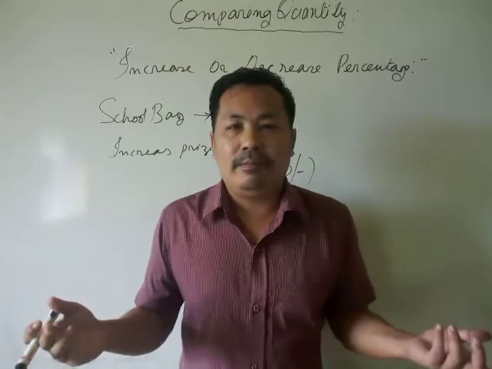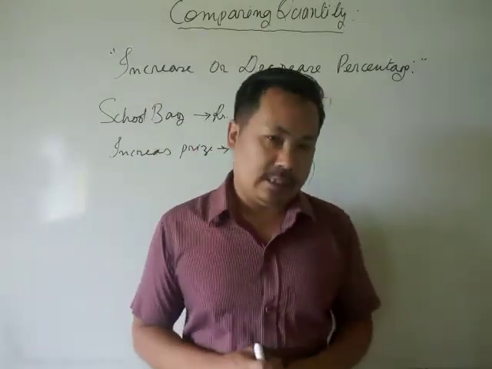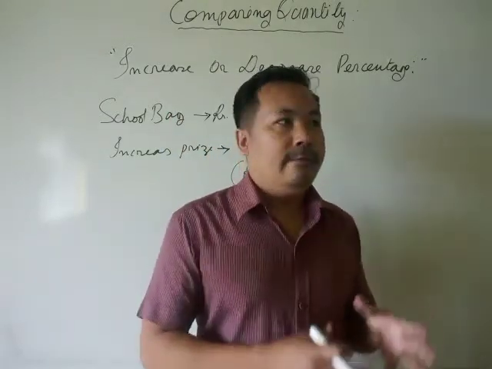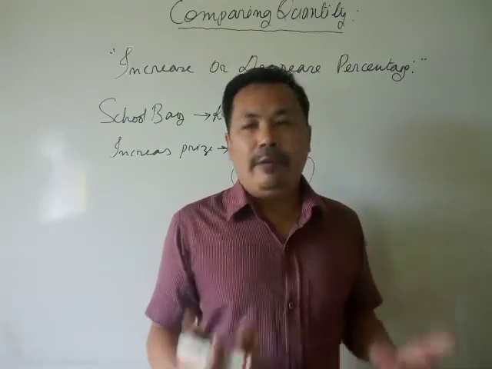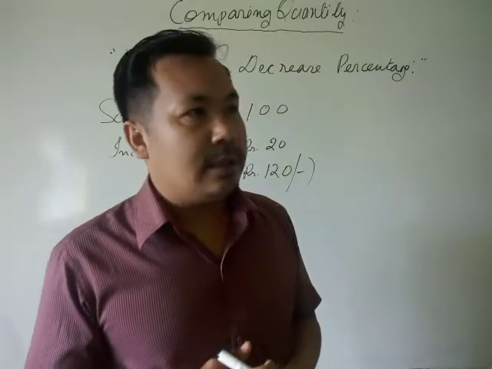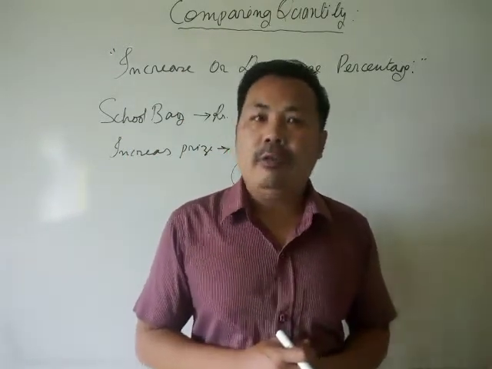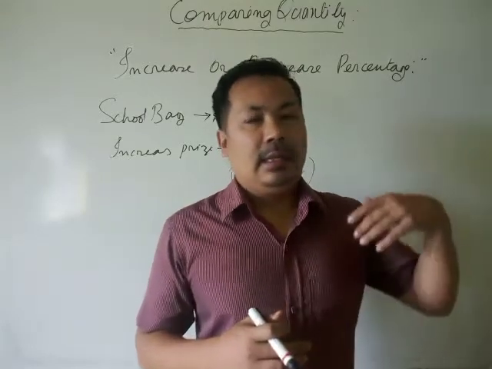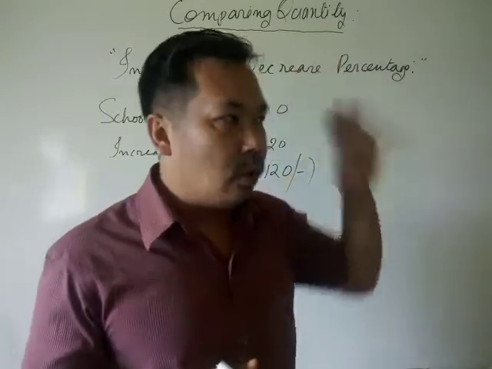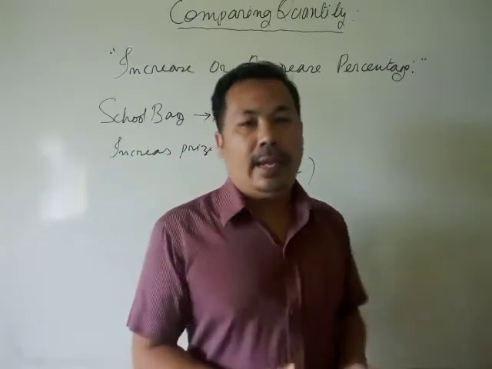So we can find out the increased percentage of the things that we buy, or of any value. For finding out this increase or decrease percentage, we need to know the original value first, so that the original value can be compared with the price that was increased by the shopkeepers.